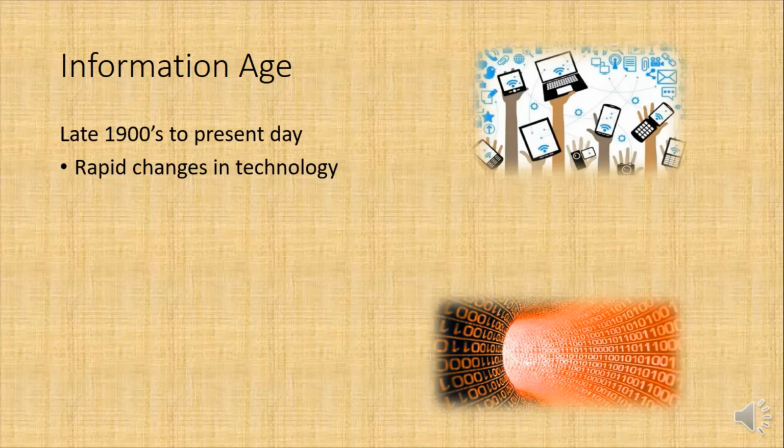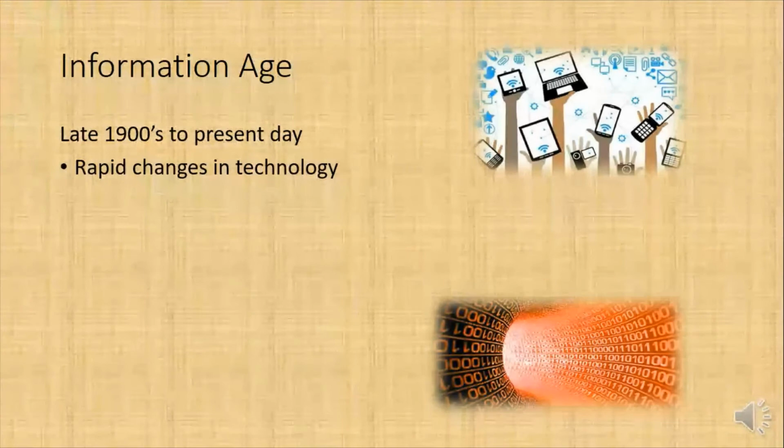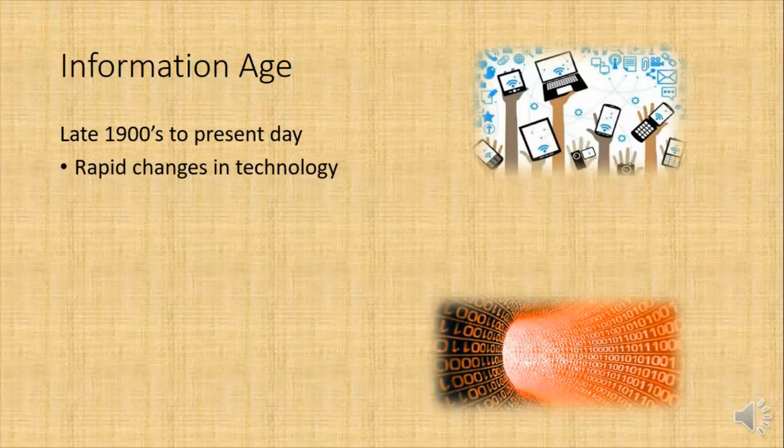Or actually every couple of months, they just keep upgrading the phones. New computers come out all the time, increasing their power and their ability to conduct transactions with the processor. So a lot of rapid changes in technology happened.